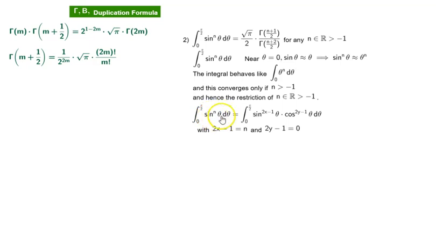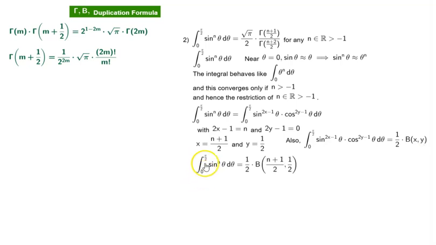And since cos is not there on the left hand side, we equate 2y minus 1 to 0. Solving for x and y, we get x equal to n plus 1 by 2 and y equal to 1 by 2. We also know that the integral from 0 to pi by 2 of sine to the power of 2x minus 1 theta times cos to the power of 2y minus 1 theta d theta is equal to 1 by 2 times beta of x comma y. That is the reason why we had equated this integral with sine n theta.